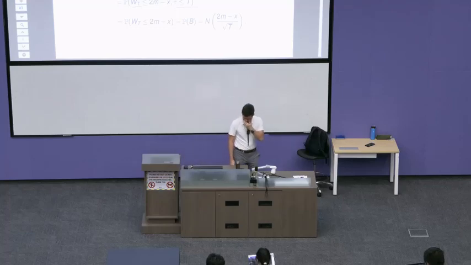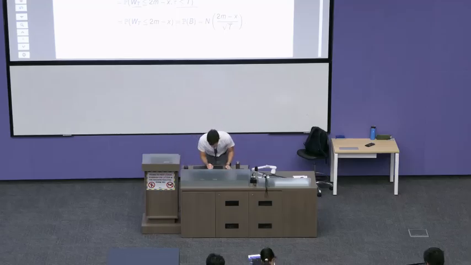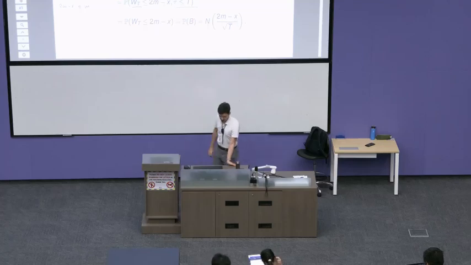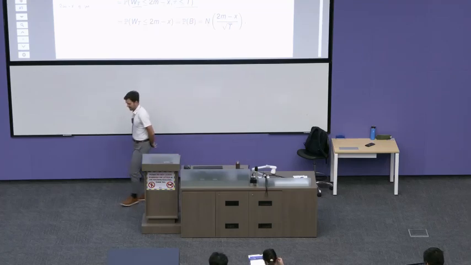Okay, and now I need to look at these two events. So the first one is the Brownian motion ends up below 2m minus x. So m is smaller or equal than x. This means 2m minus x in particular is smaller or equal than m. Right, minus x is smaller or equal than m, so I can just directly conclude that 2m minus x is smaller or equal than m.